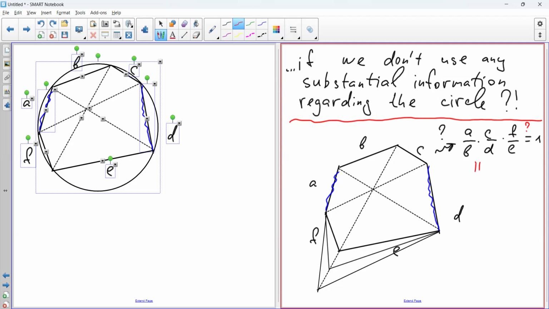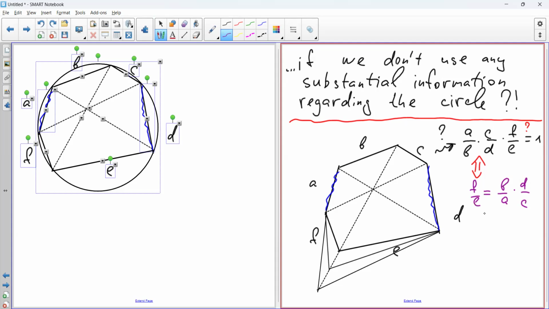Which would be just equivalent to F over E equals to, and what remains from this if we just bring these factors to the opposite side. So it would be B over A times D over C. But this is constant. It's not changing over these transformations.